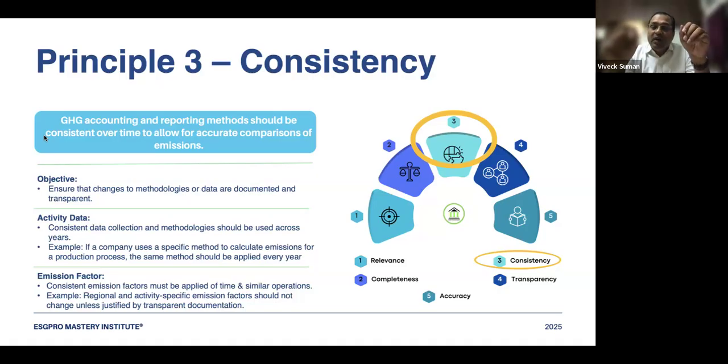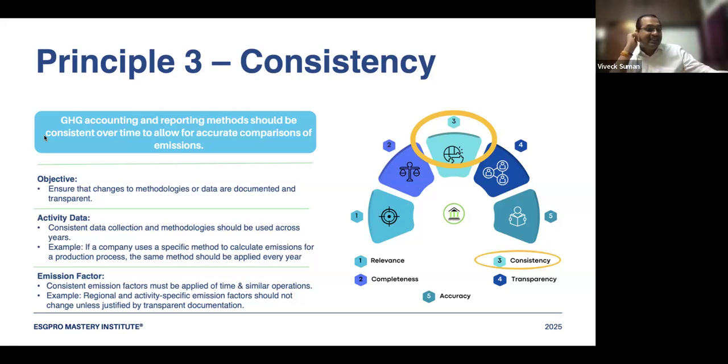Second, inventory boundary. So the first time I have taken only one company. The second time, I want to take my subsidiary as well, because they are also very carbon neutral. Actually, they are carbon positive. Let me add them. I will get a benefit in front of my ESG rating providers. Why should I not do it? He can tell you.